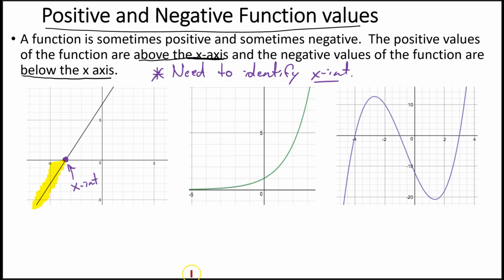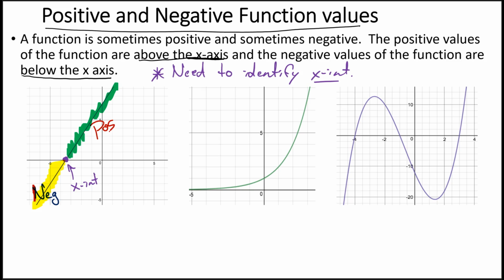And so that is my negative portion. And then the portion on the other side, which is above my x-axis, is my positive portion of the graph. And so I need to know where that x-intercept is so I can determine what portion of the graph is negative, what portion of the graph is positive. So that's what we have on that first one.